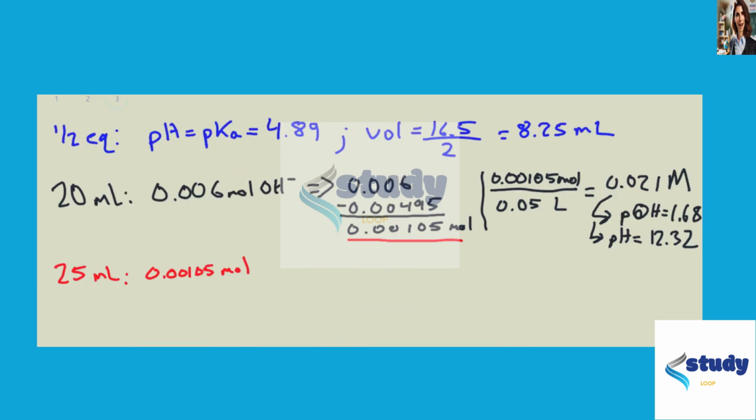So all we need to do right now is add that much, 0.0015. So this was excess when we added 5. When we added 20 milliliters, when we add 5 more, this is the excess.